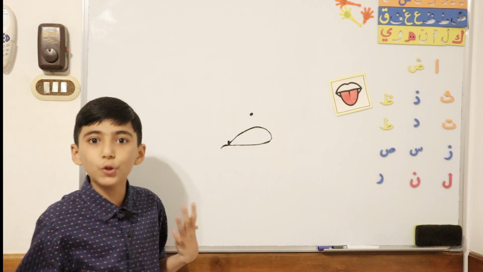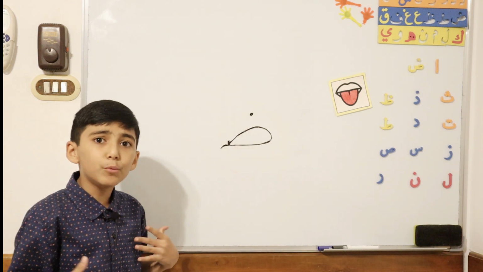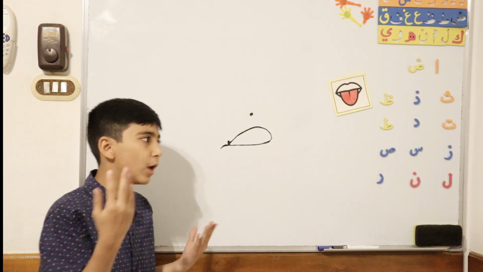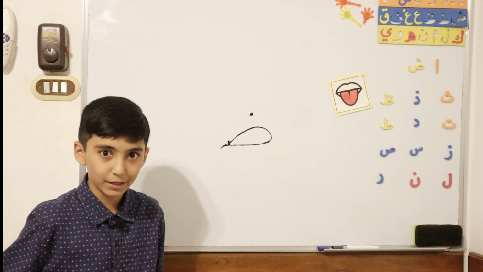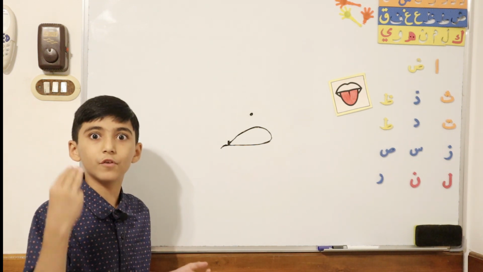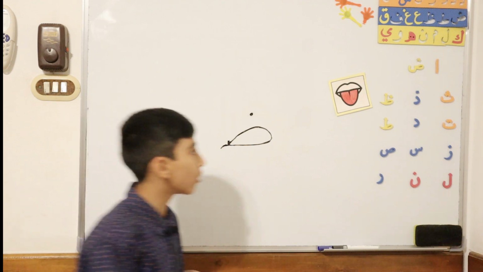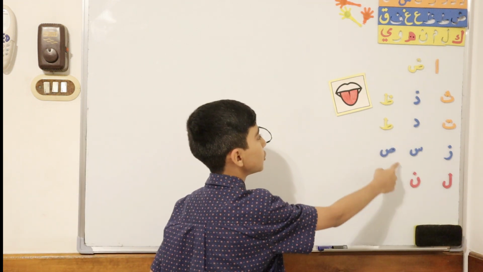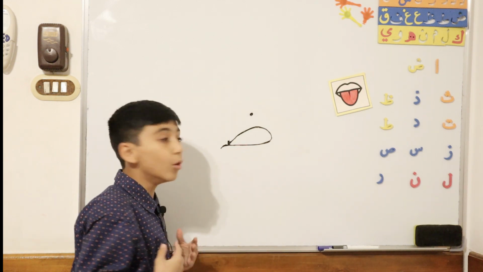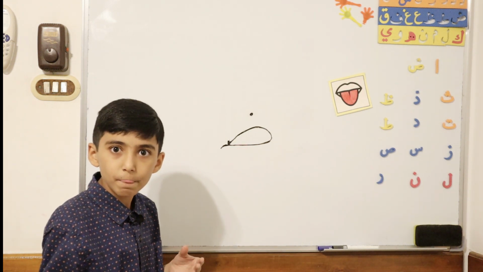This can be its short form. But then we will realize that it's not only Fa who has the fat stomach, it is also the other three letters of the fatty four, which are Ta, Sad, and Dad. So we will get mixed up.